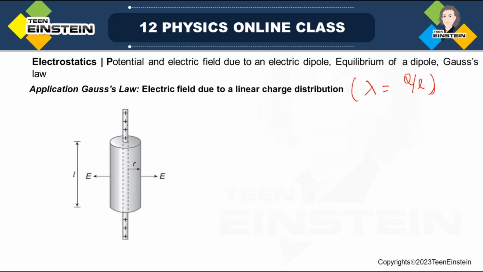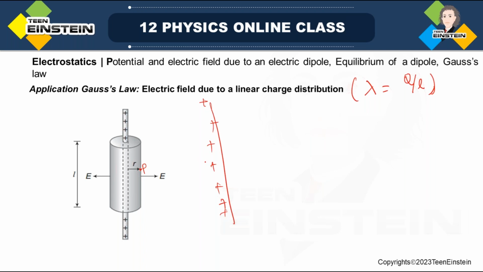Now suppose there is an infinitely long wire which is positively charged. For such a wire, you need to calculate the electric field at a certain distance r. Suppose this is the point P where we have to calculate the electric field, at distance r. This wire has a line charge distribution, which will produce a field at P that we have to calculate.